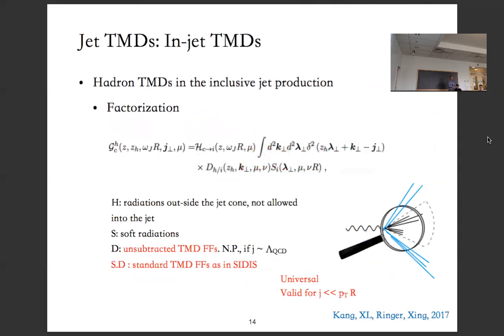You need to reconstruct this S function. You need both a D, which can be compared to the standard semi-inclusive DIS extraction, and the S. Yes, we need both. Only the combination here is the standard fragmentation function in semi-inclusive DIS, of course with a particular choice of the scales.